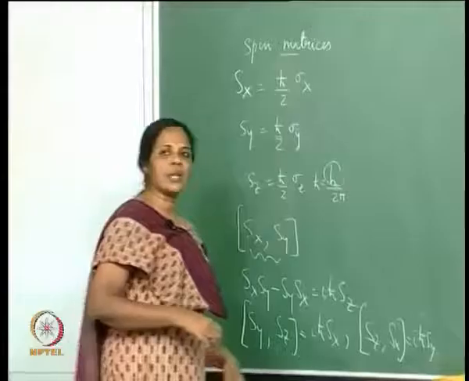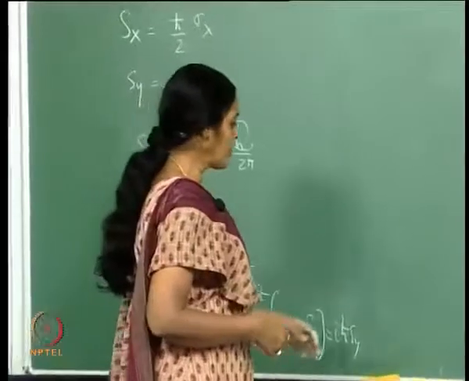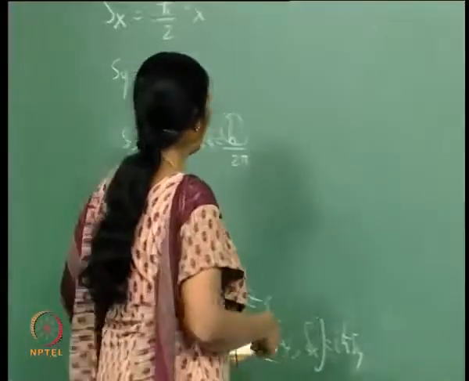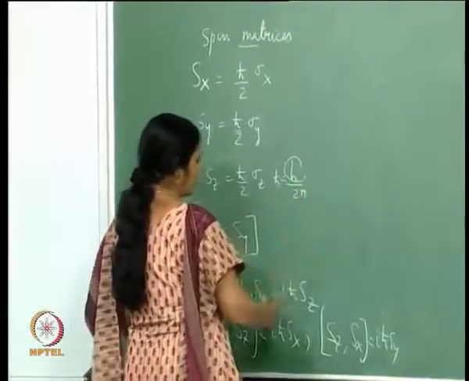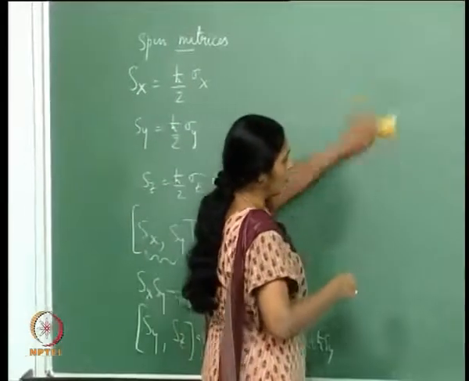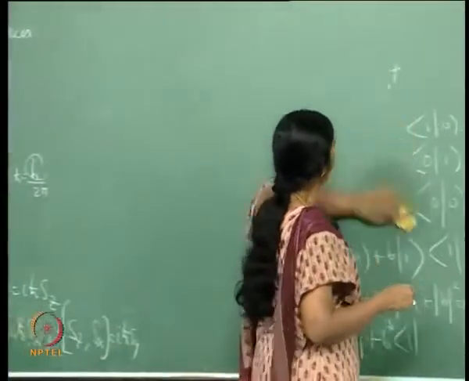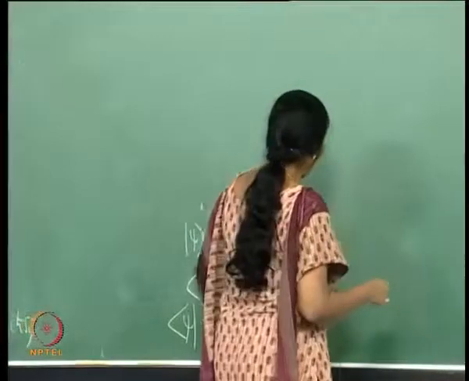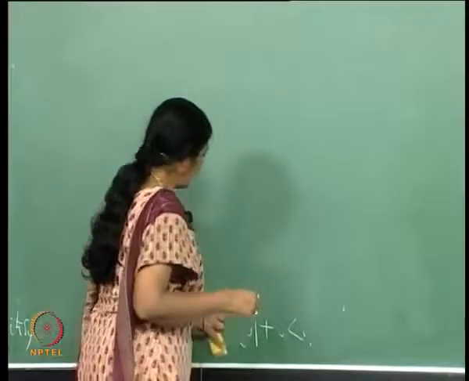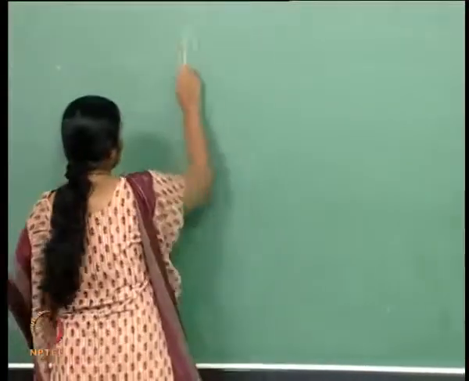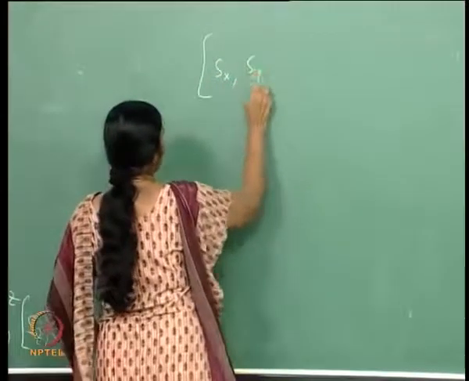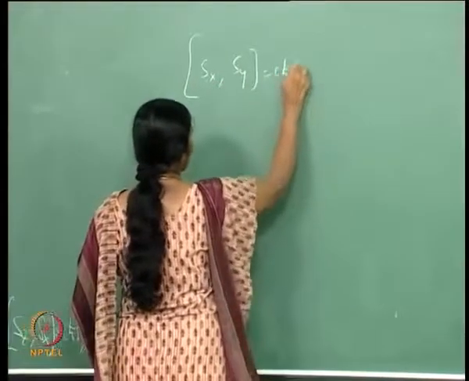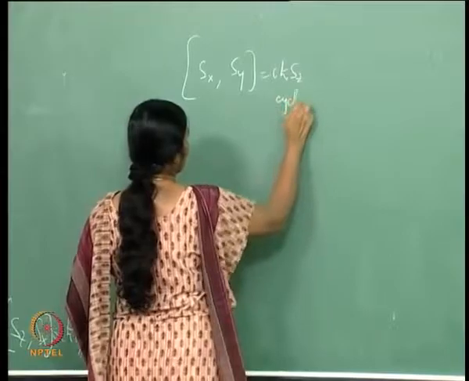We will come across this algebra in the context of orbital angular momentum as well, much later in fact, when we discuss orbital angular momentum. But right now, the point that I am trying to make is this: this angular momentum algebra, Sx Sy is i h cross Sz, is a cyclic thing.